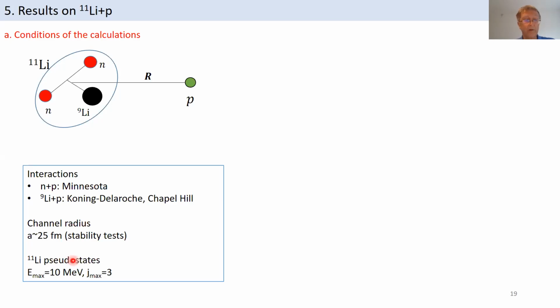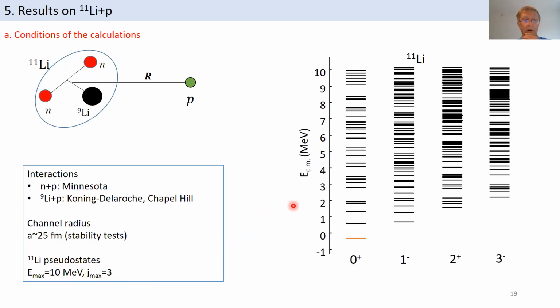And of course, you have to choose the lithium-11 basis. So I included pseudostates up to 10 MeV and with J max equal 3. So these are the states which are included in the basis. The red line here is the ground state of lithium-11, and the others are pseudostates.